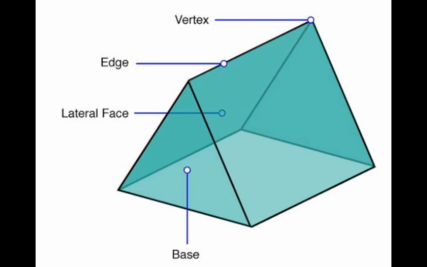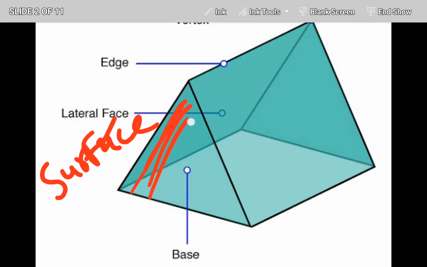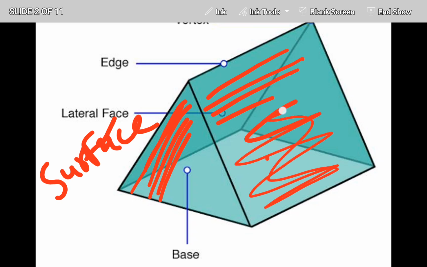Now coming to the lateral face, or simply we'll call it a face or a surface. How many surfaces or faces are there? One is this triangle face. Another one is this side, another is the bottom, and similarly there is an opposite side.